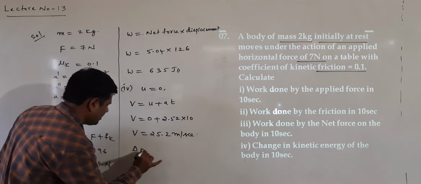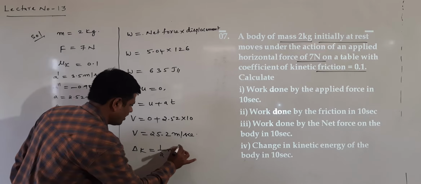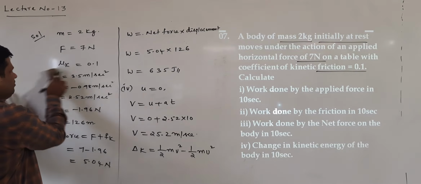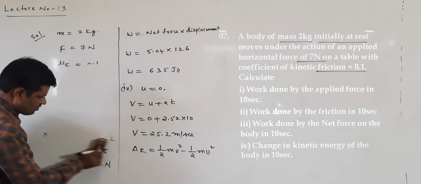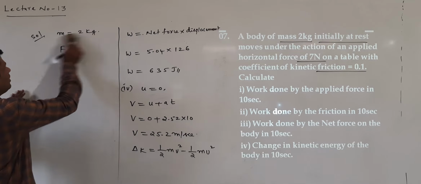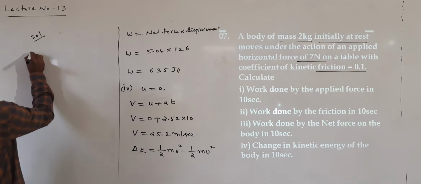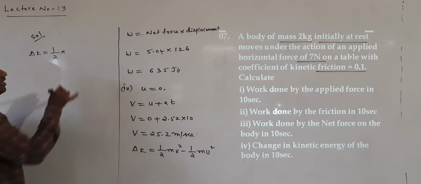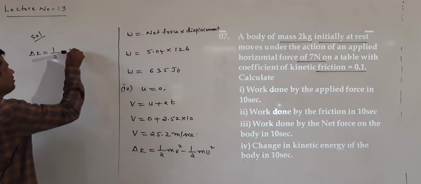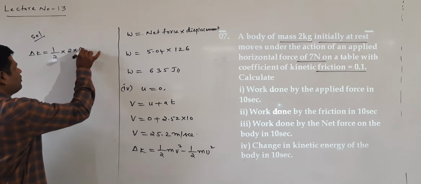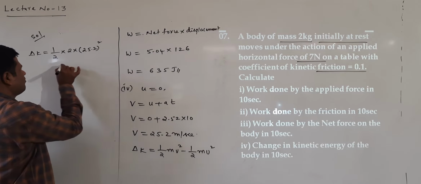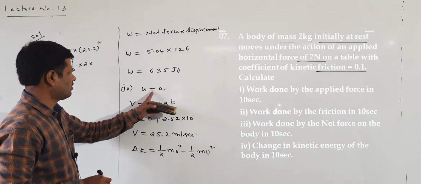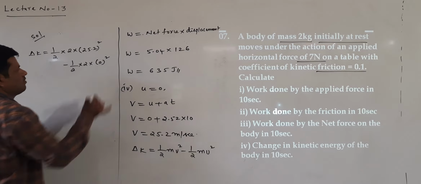Change in kinetic energy delta K is equal to half m v square minus half m u square. Mass is already given as 2 kg, v is 25.2 whole square, minus half into mass 2 into initial velocity u equal to 0 square.